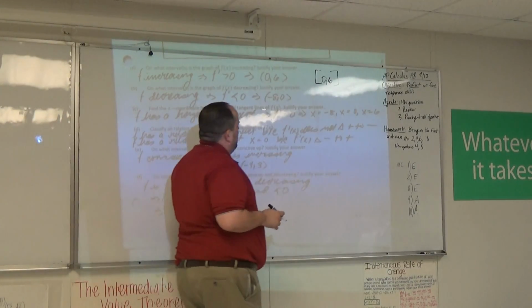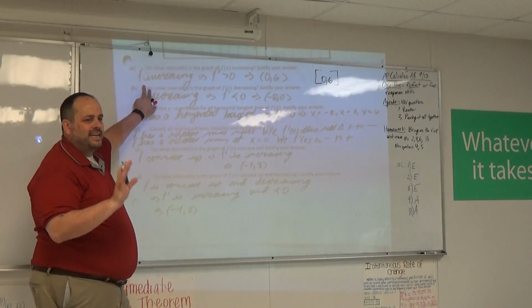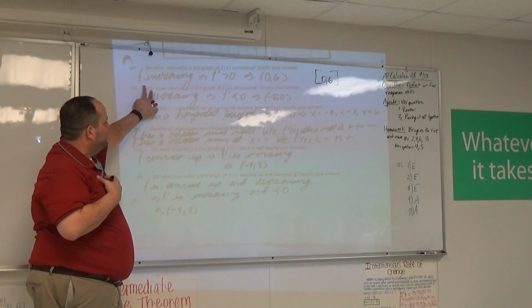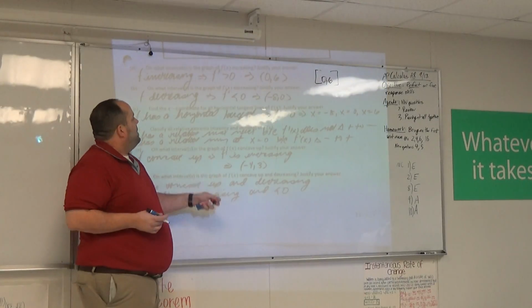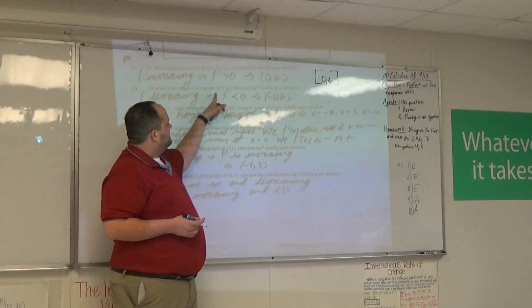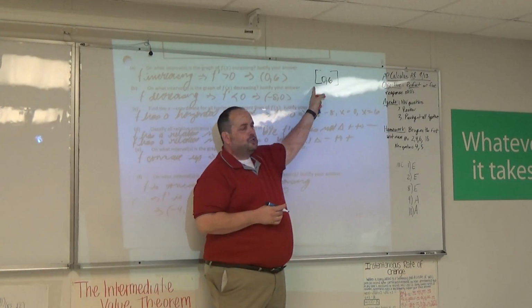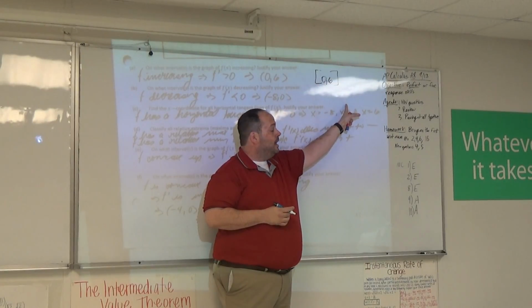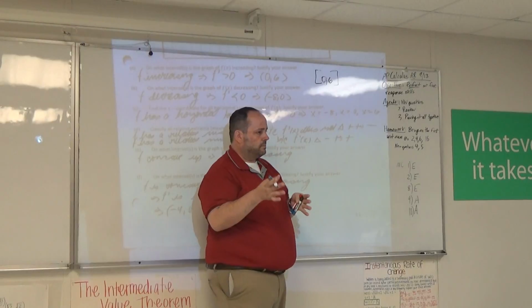So if you are a brackets person in the world of increasing and decreasing, it's okay. I'm going to make the move over to parentheses as often as possible because our definition of increasing says F prime is strictly positive, which means I shouldn't be including the endpoints. But brackets would be acceptable for increasing and decreasing.